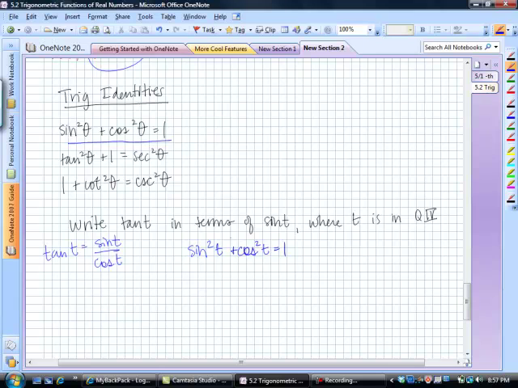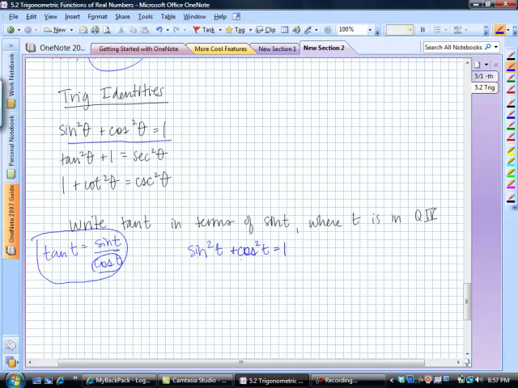Right now, tangent is in terms of sine and cosine. So the numerator is fine. We need to figure out how to write cosine in terms of sine too, so that this entire tangent function can be in terms of sine. That's where this equation comes into play.